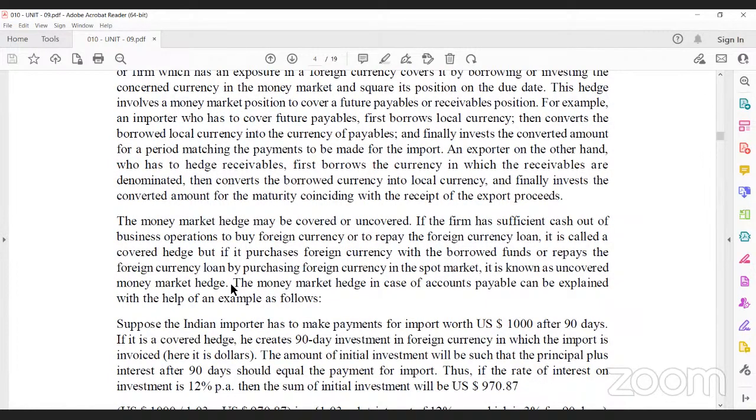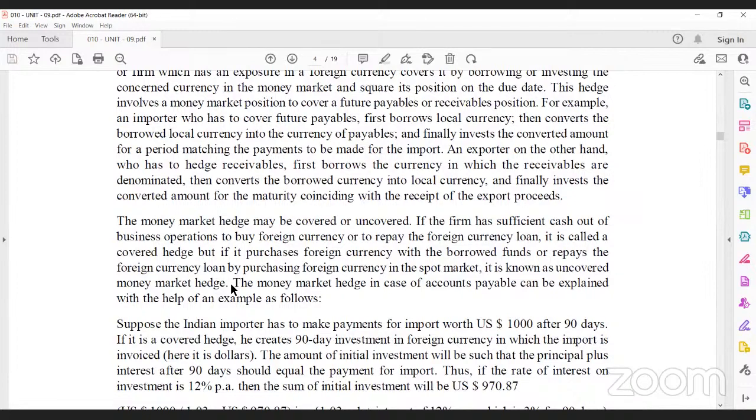Suppose we have an Indian importer who has to make a payment for imports worth 1,000 US dollars after 90 days. Now, let's consider this a covered hedge. The importer creates a 90-day investment in the foreign currency in which the importer is invoiced.